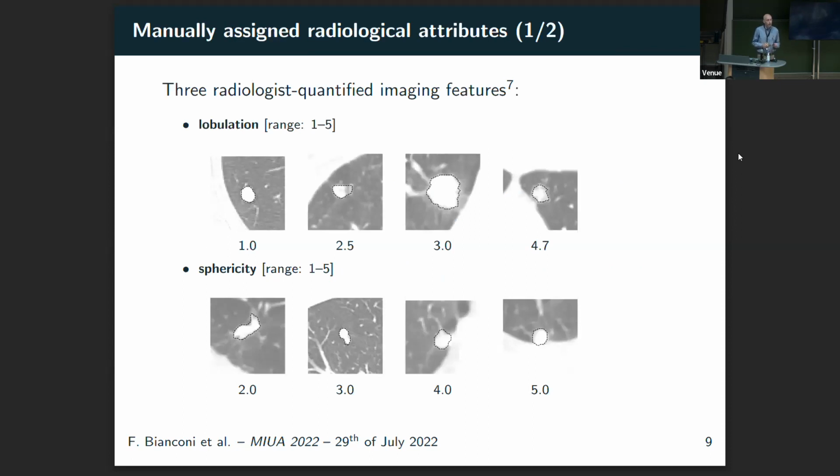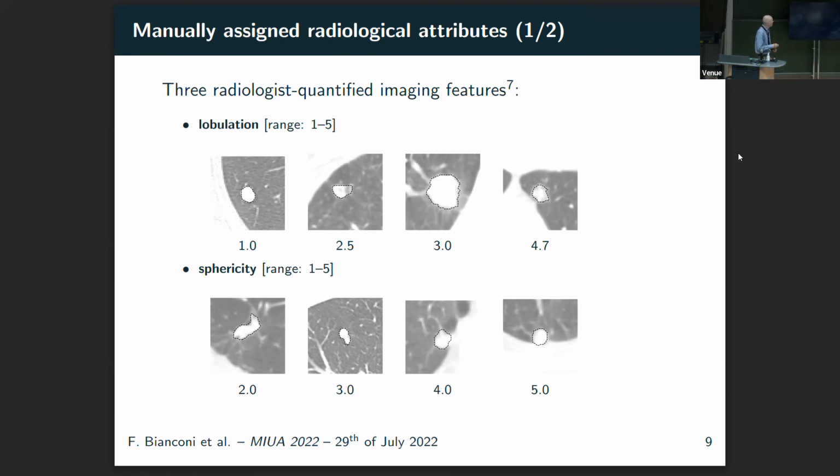Okay, so what were the manually assigned radiological attributes that we considered in this analysis? We considered 3 attributes. Lobulation, in the first row, with increasing value from left to right. Lobulation is related to the shape of the border of the lesion and the change from convex to concave border.